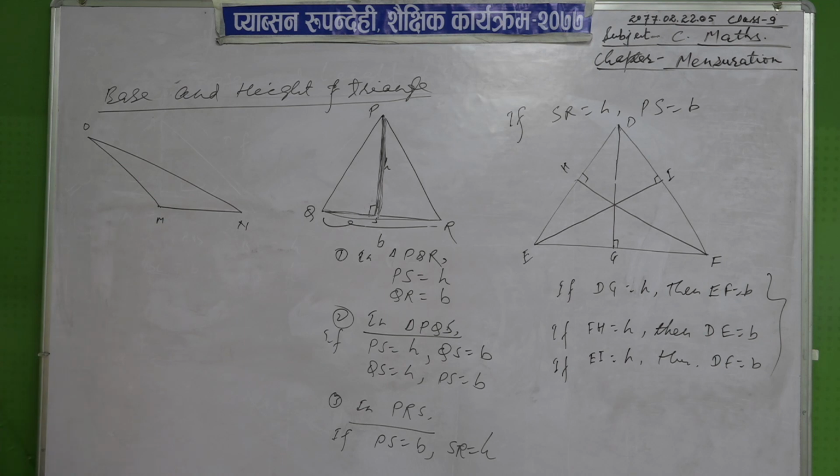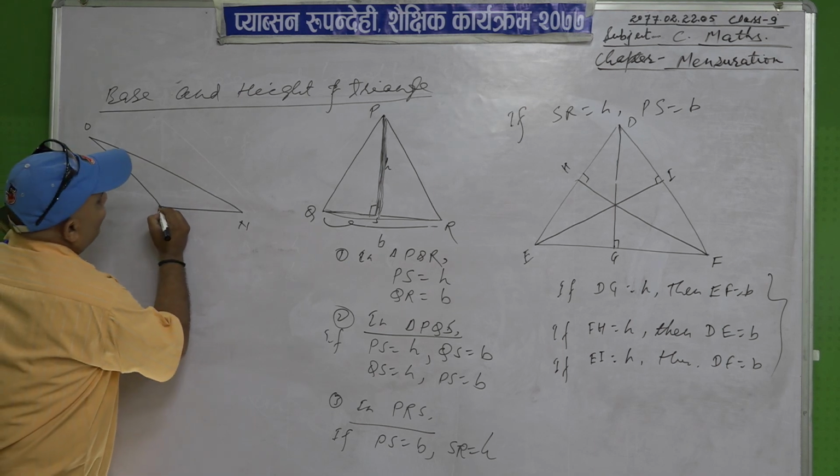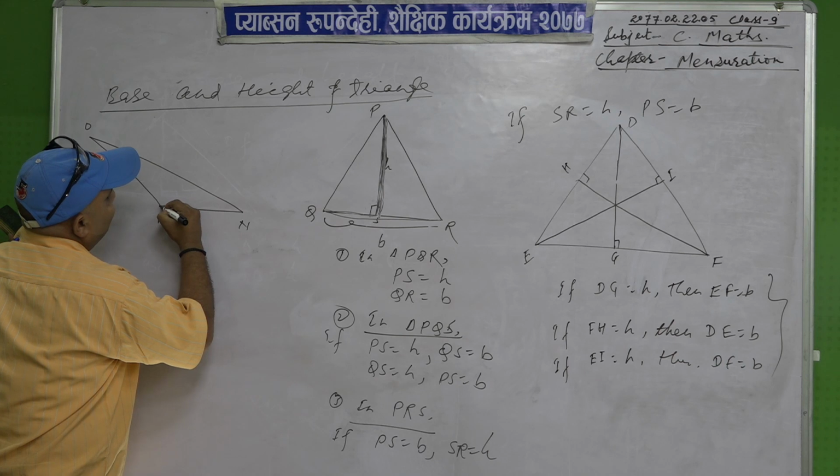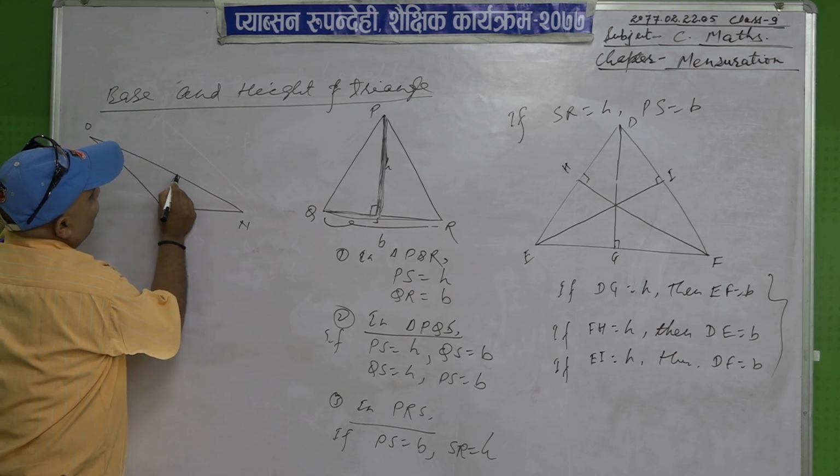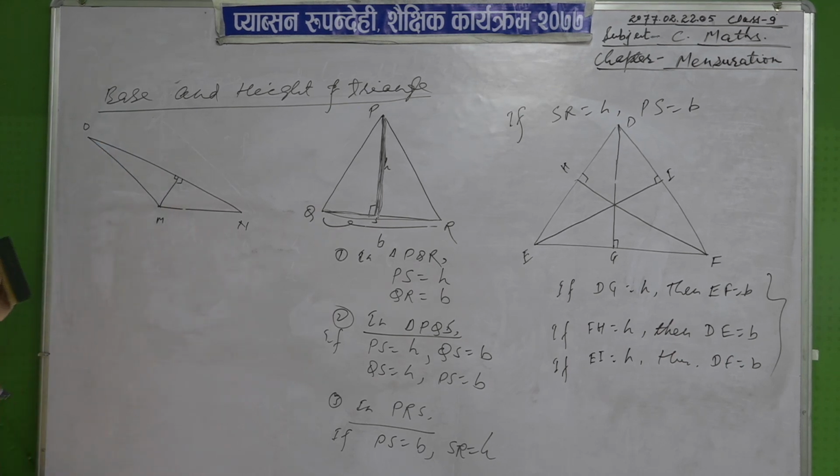Now, see what may be the height and base of this triangle. Suppose we draw a perpendicular from M to NO here.